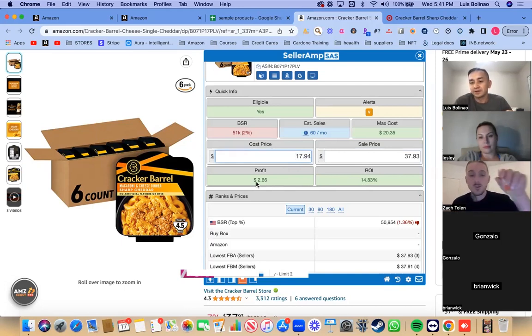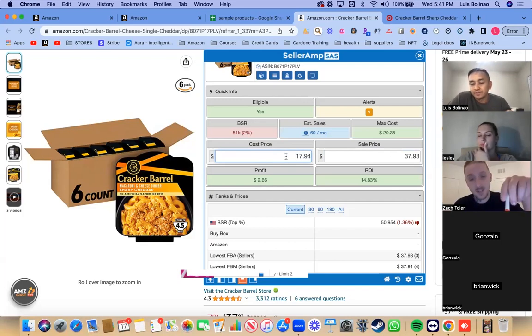So each unit, not box, each unit is $1 to ship plus 10%. Yes. So the prep cost is about $1.20 per unit.